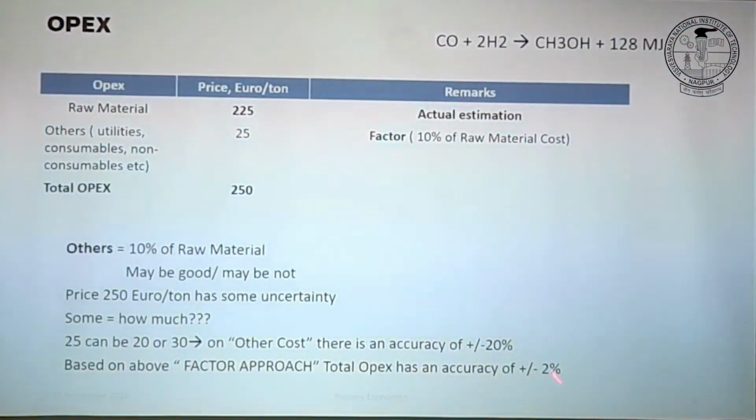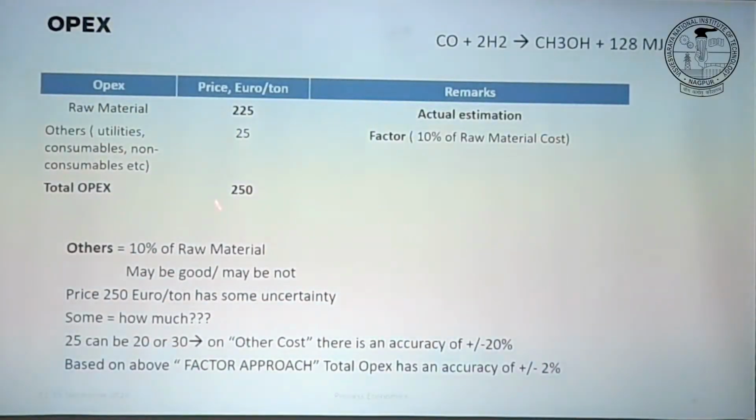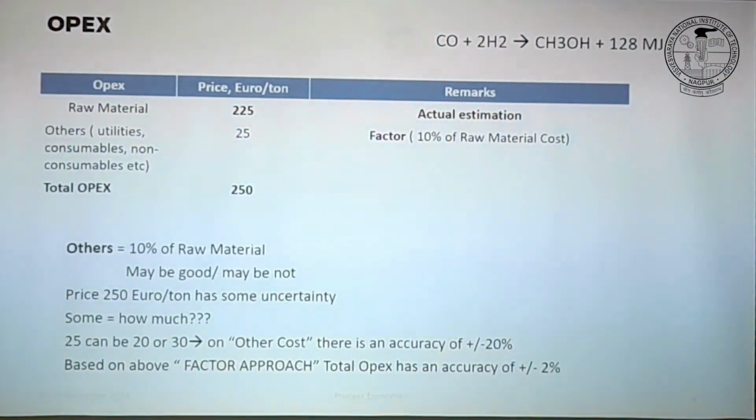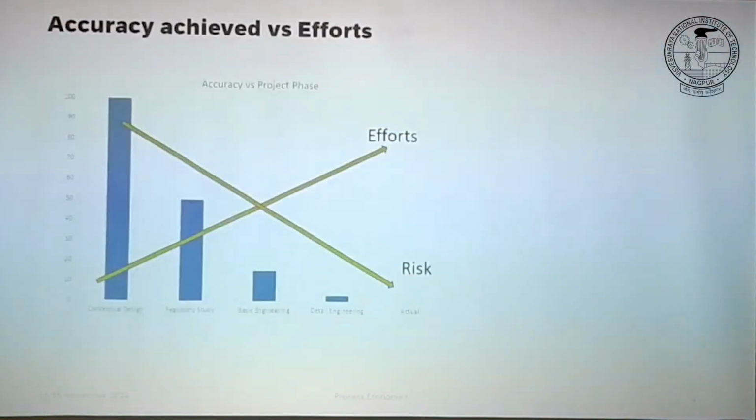Already you could calculate back this plus minus 2%, so plus minus 20% only on this means plus minus 2% on this. Already said the number, 255, 245, which is 2% of 250, right?